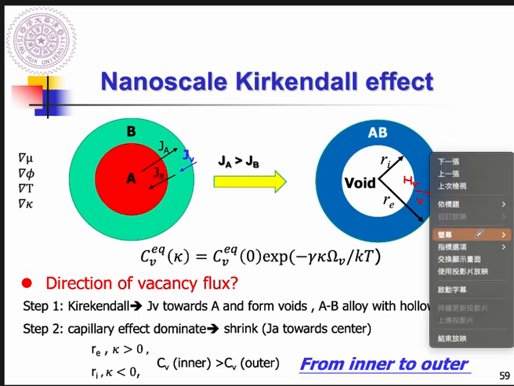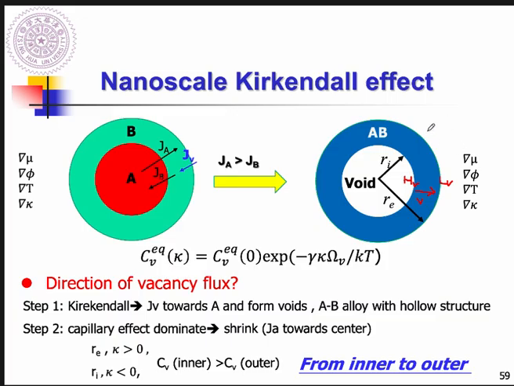Compared to the one I just showed you from the atom's point of view, we do have positive kappa for the atom, right? This is the atom, I show them in blue. From the atom point of view, the kappa is positive, so atoms have higher surface potential and move to the inner surface with a negative kappa.